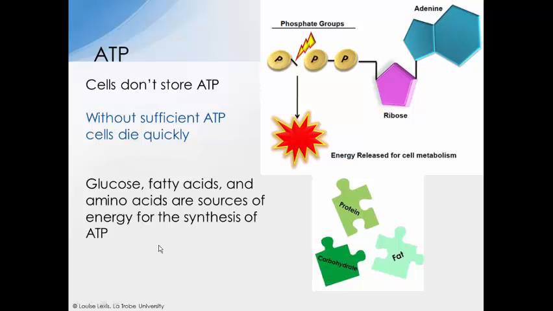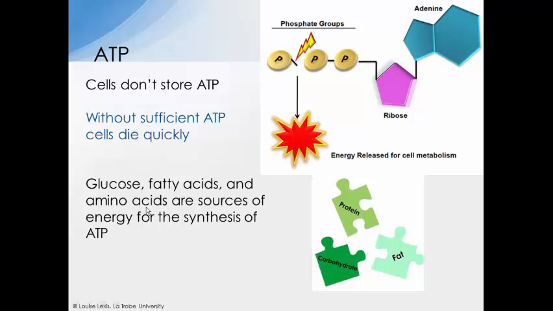As I mentioned before, the fuels to produce ATP in the cells come from glucose, which is a carbohydrate, fatty acids derived from triglycerides, and as I mentioned just a few seconds ago, that's the fat that's stored beneath the skin that we can access if we need to, and amino acids.